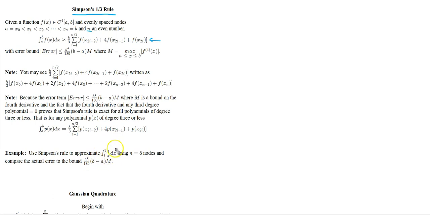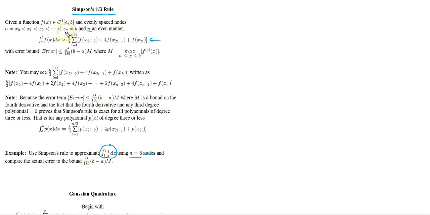So let's use Simpson's rule to approximate the integral from 1 to 2 of 1 over x dx using n equaling 8. So actually we would have 9 total nodes.